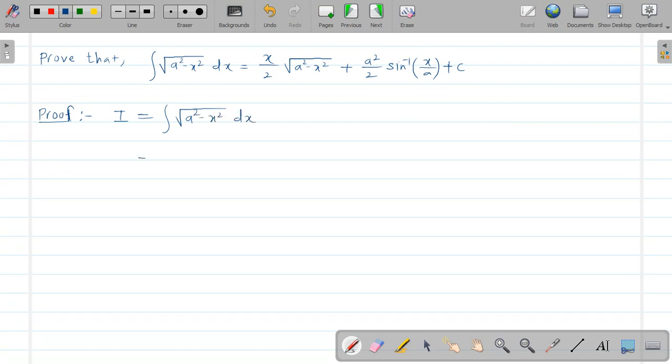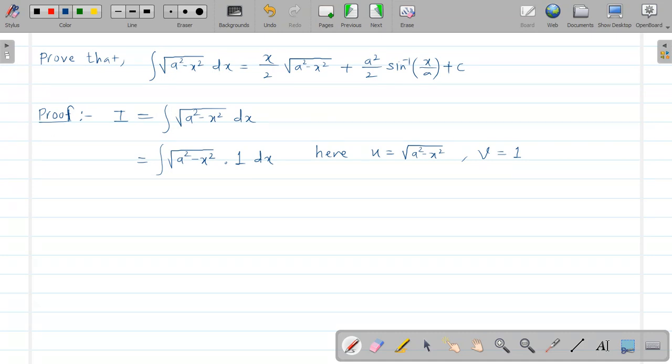Now we have to use the integration by parts rule. So for that we have to consider 1 as another function. So we will write root of a square minus x square into 1 dx. So here in this case also u is equal to root of a square minus x square, and we have to consider v as 1.